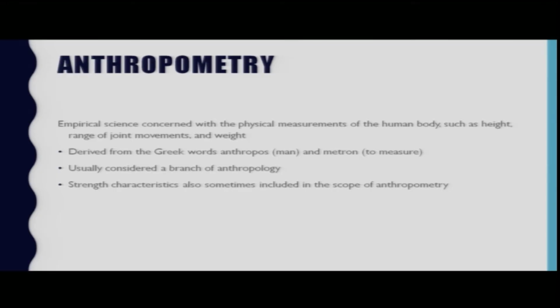That is the definition of anthropometry, and it is basically defined as an empirical science concerned with the physical measurements of a human body, such as height, range of joint movements and weight. As I have stated, it is derived from the Greek words anthropos and metron, and it is usually considered a branch of anthropology. Strength characteristics are also sometimes included in the scope of anthropometry.